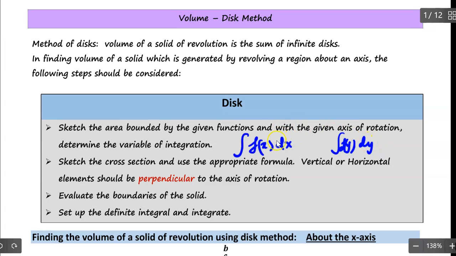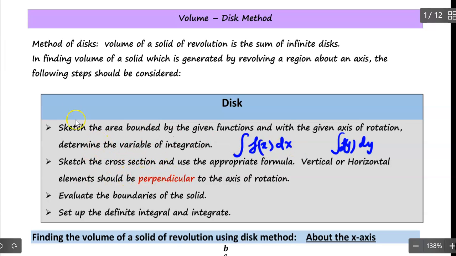So these dx and dy are very important for us to find the integral so that we can integrate.